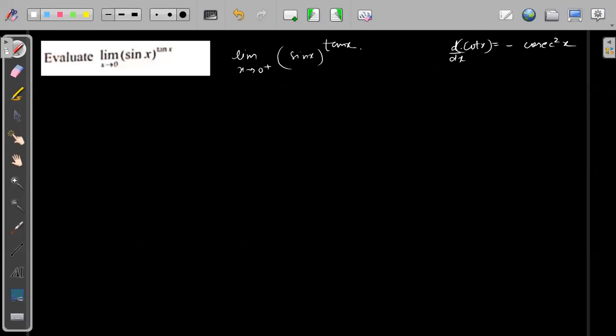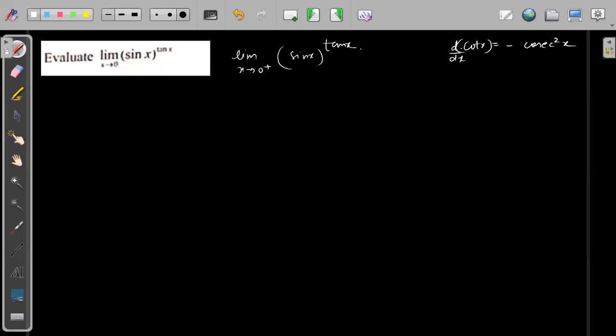Okay, just check this one also. Tell me what will be the value of this one. Yes, 1 is the correct answer. For this one also we should get 1 because the last one and this one are almost similar.